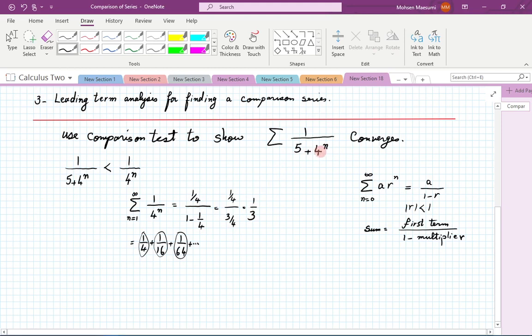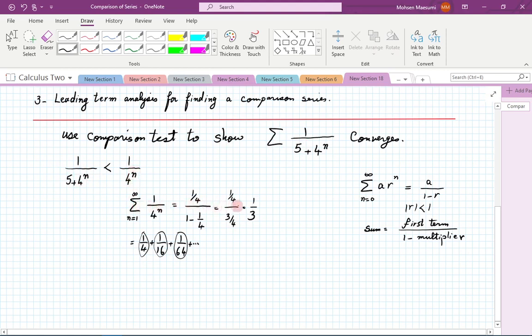Therefore, this series whose terms are smaller than this, first of all, it's going to converge, and secondly, it's going to converge to some number less than 1/3. So use the comparison test. We say, first of all, we have to show an inequality of terms of this series versus another one.